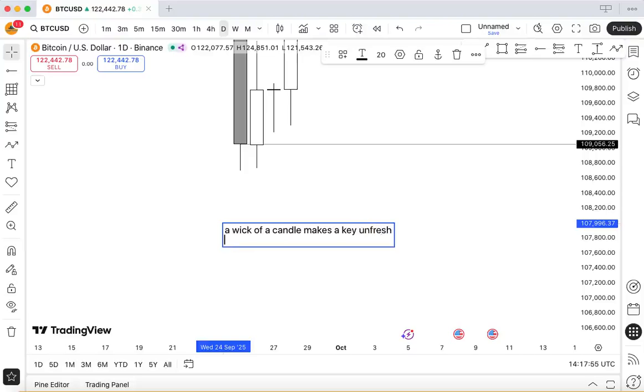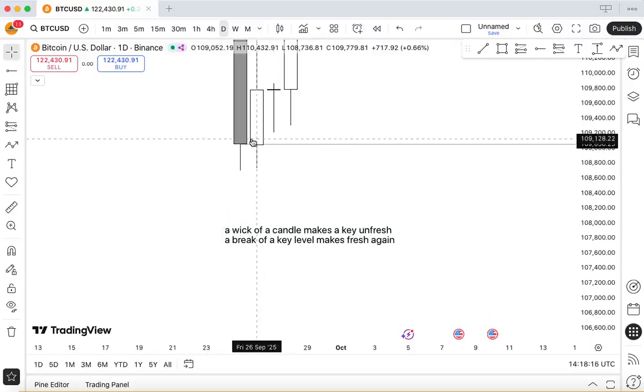And then a break of a key level makes it fresh again. Simple.